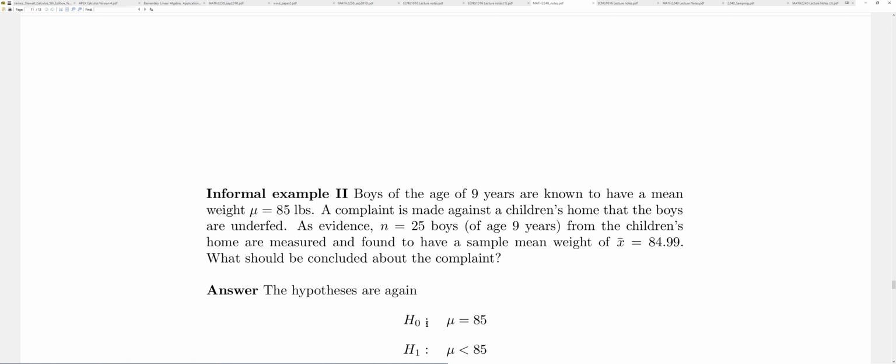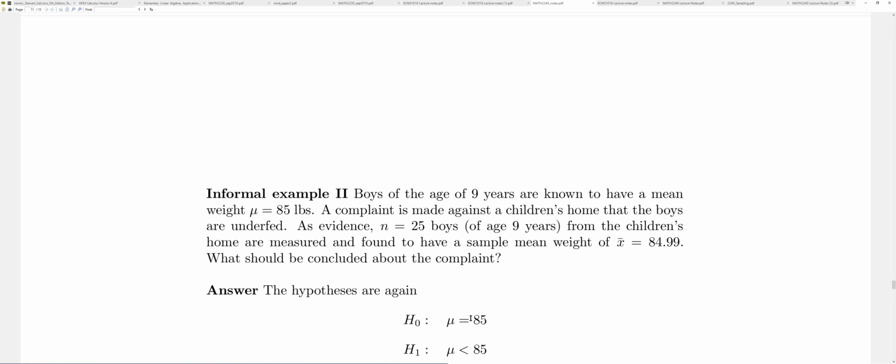In this case, when we take the 25 boys, measure them and find the average weight, what we get is 84.99. So what you can say is that the average weight you find isn't significantly different from 85. It's very slightly less than 85.